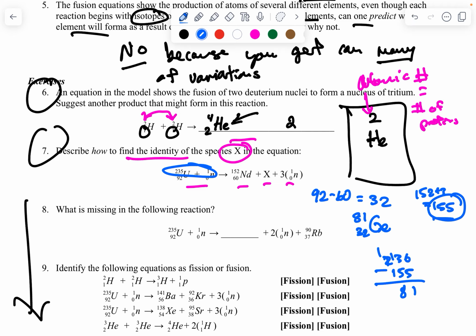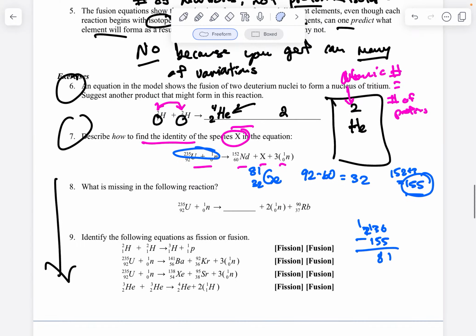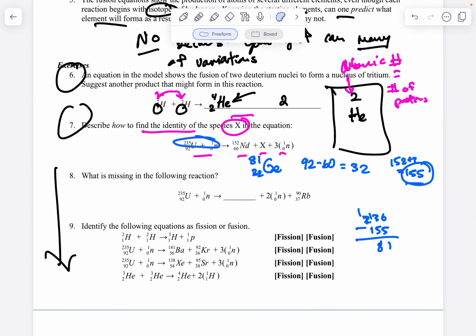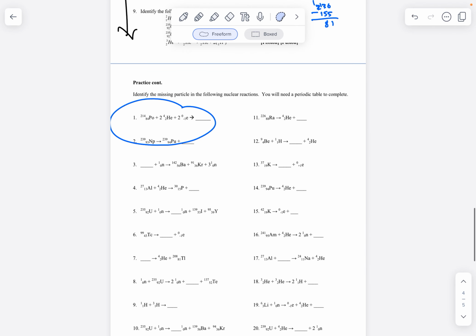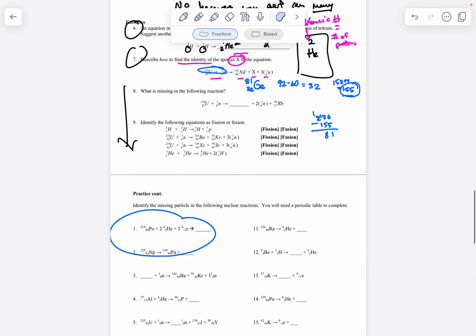So this is germanium 81. I'm going to circle this. That should be the right answer there. Feel free to double check to see if I did this right. That's the idea, and you are going to go through this and figure out all of these.